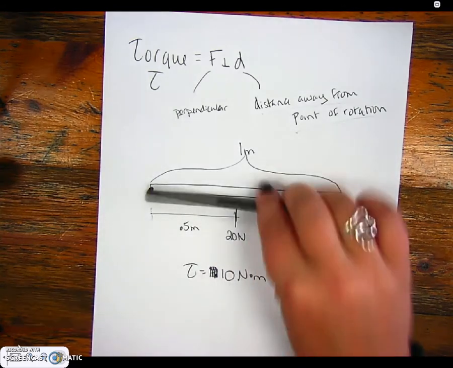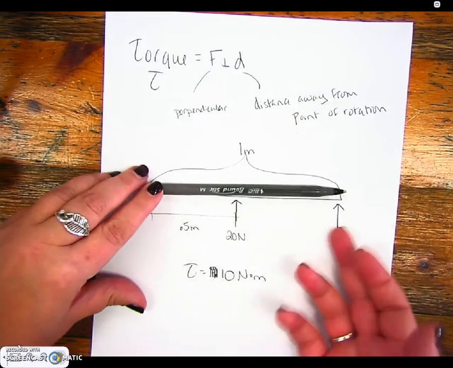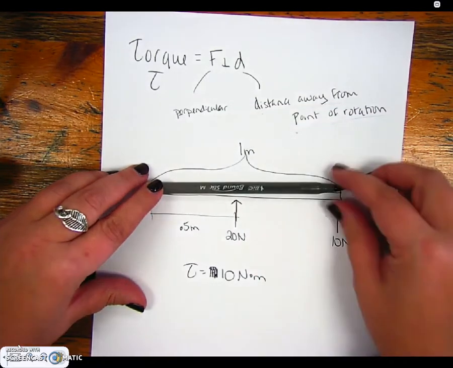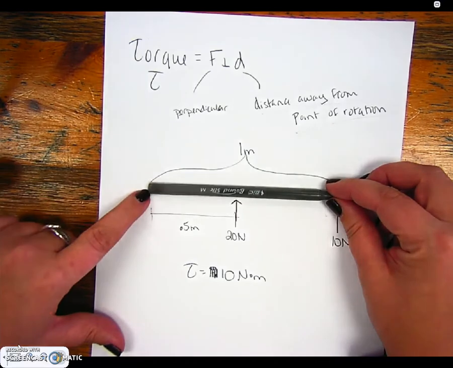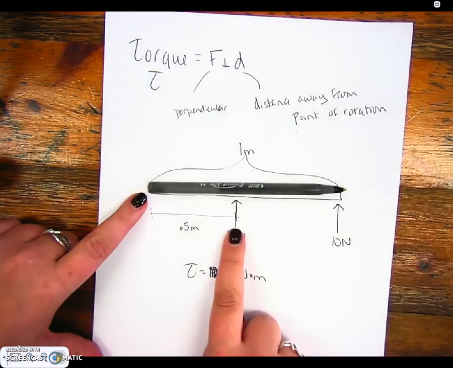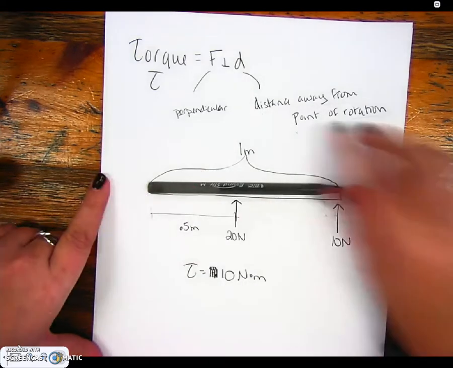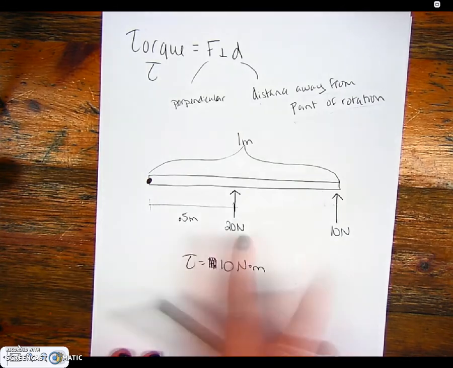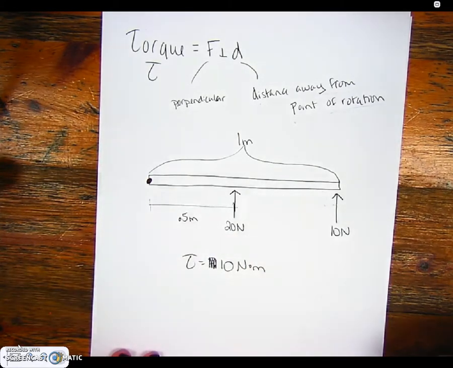So to get this door to accelerate in the angular direction by applying a net torque to it, if I wanted to have the same acceleration and I was pushing out here, it would only take me 10 newtons, whereas if I was pushing here, it would take 20 newtons, right? So the force is going to change relative to the distance to create the same angular acceleration.